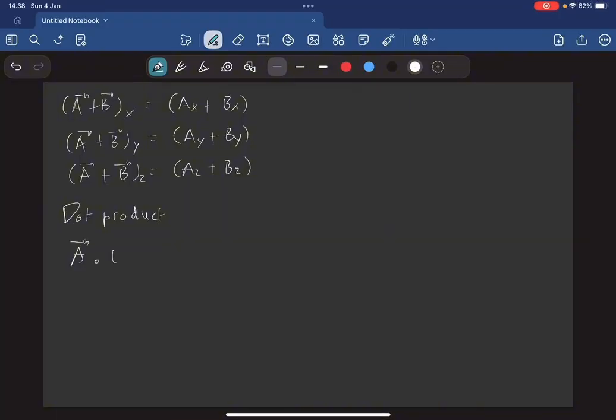A dot B equals the length of vector A times the length of vector B times cos theta, where theta is the angle between the vectors.